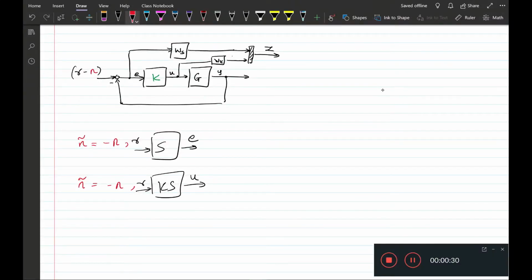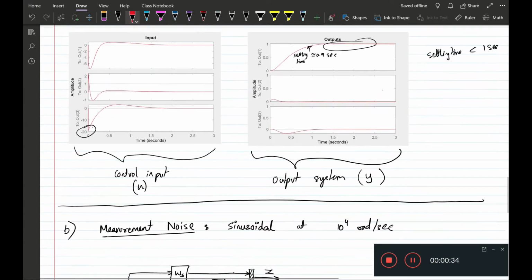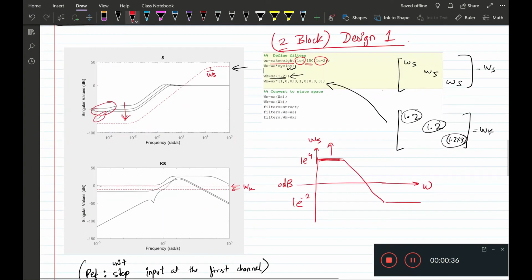Once we establish that, we can go back to our design and the frequency domain plots of the sensitivity and the control sensitivity functions, and see what might happen if we inject a noise along with the reference unit step input.